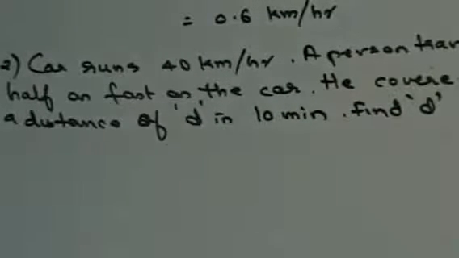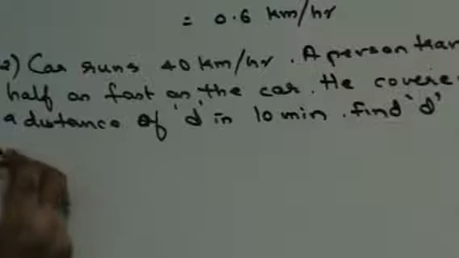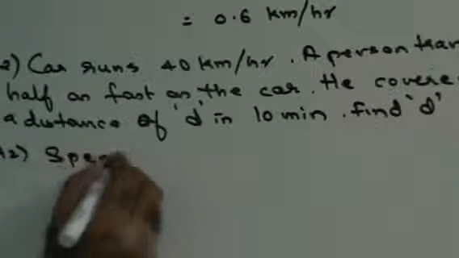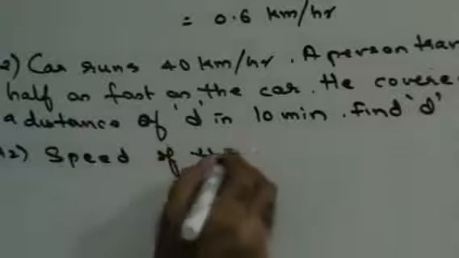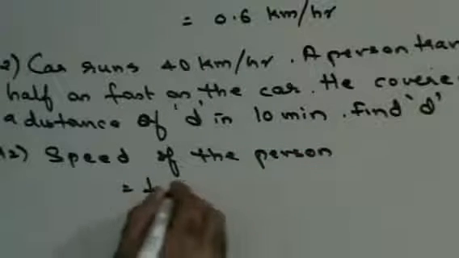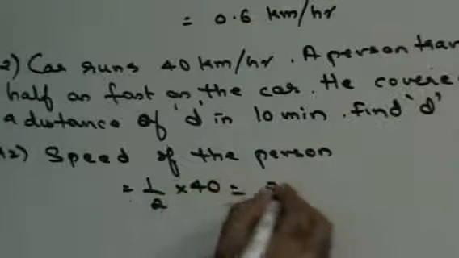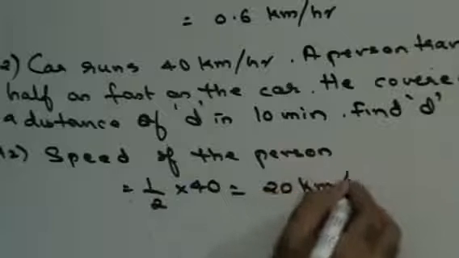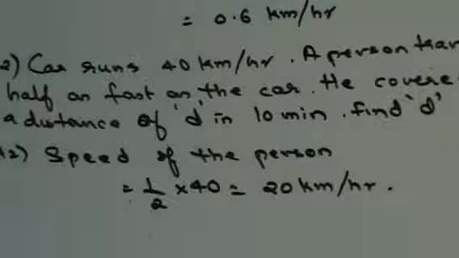Now, they are saying that a car travels at 40 kilometers per hour. A person travels half as fast as the car. So what will be the speed of the person? Car is 40, so the person is going to be traveling at 20 kilometers per hour.